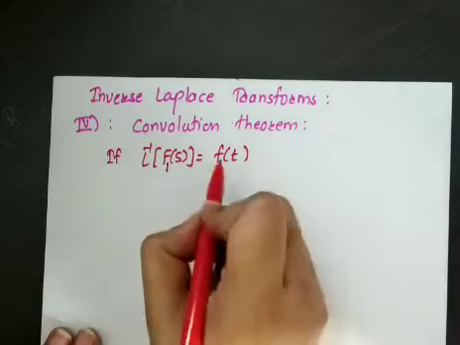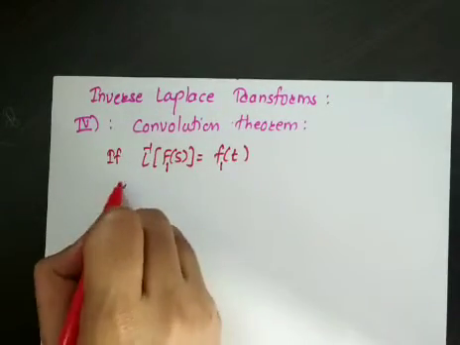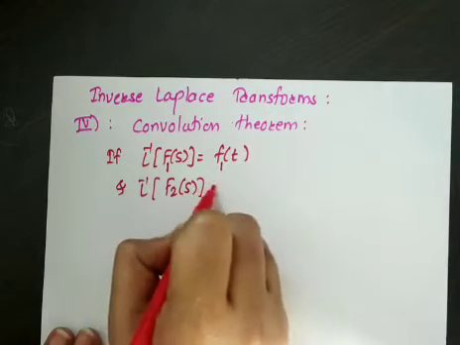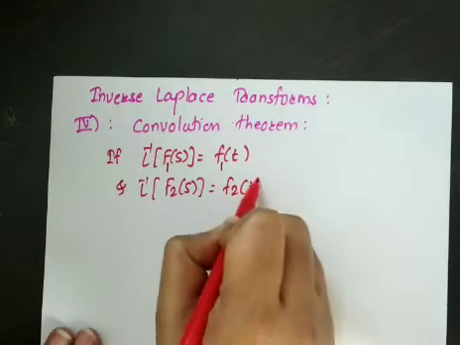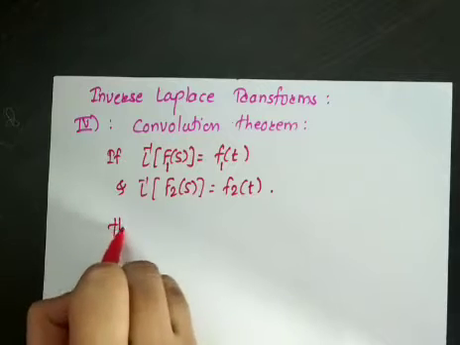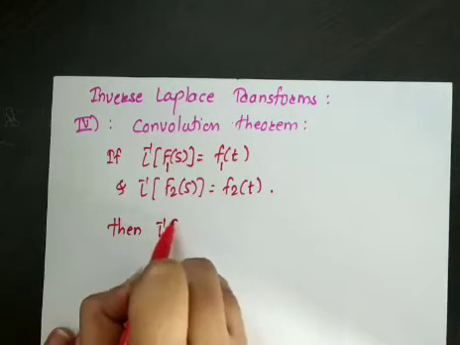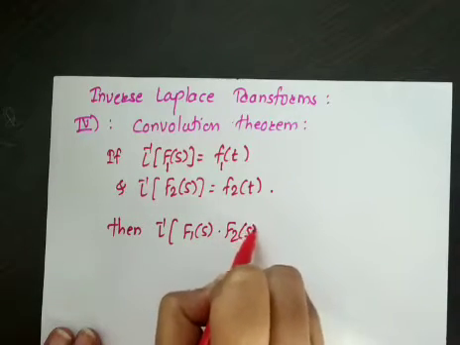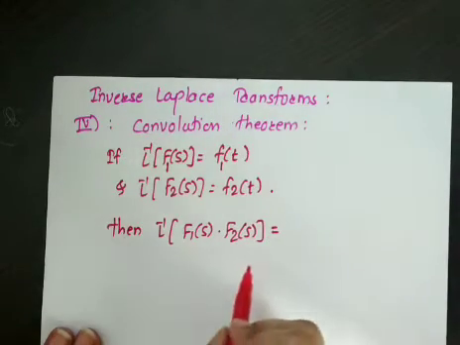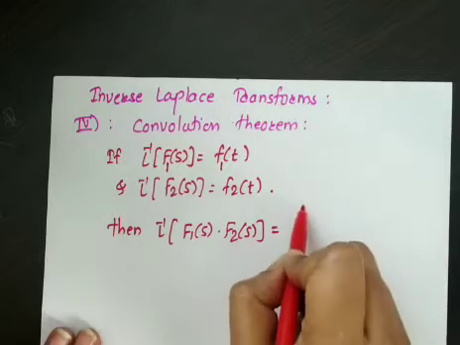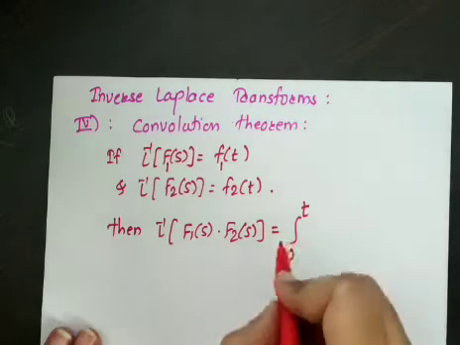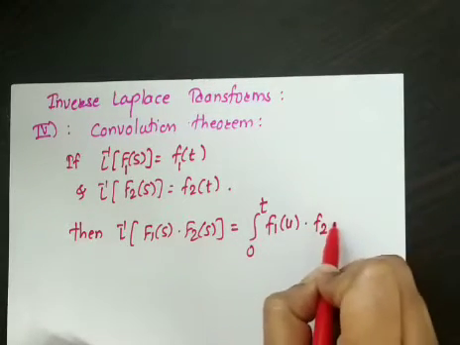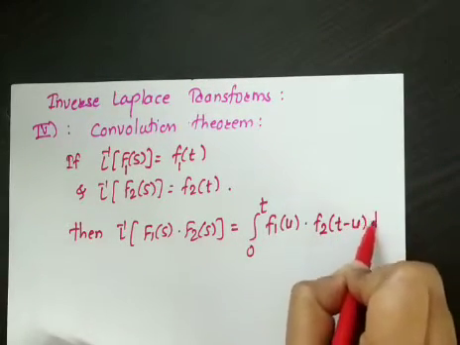So Laplace inverse of f1(s) is equal to f1(t) and Laplace inverse of f2(s) is equal to f2(t). Then Laplace inverse of f1(s) into f2(s) is integration 0 to t f1(u) into f2(t minus u) du.